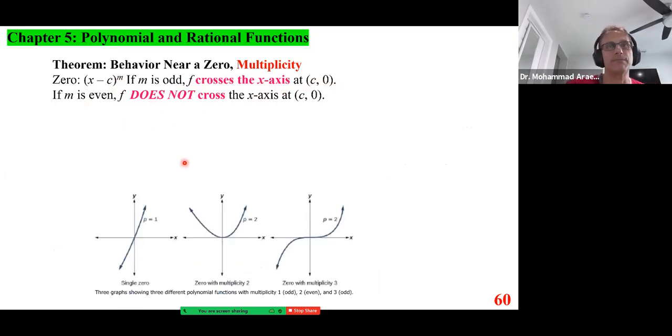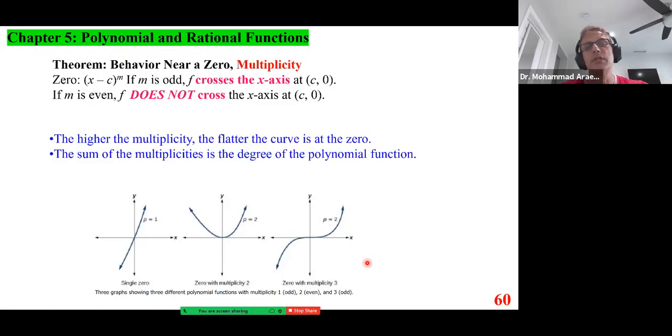It's that simple. So take a look at this one: a single zero, a multiplicity of 2, a multiplicity of 3. In general, the higher the multiplicity, the flatter the curve is at the zero. So that's the idea behind that.